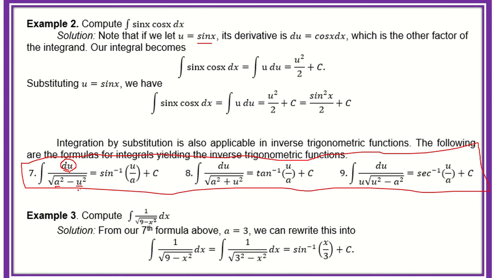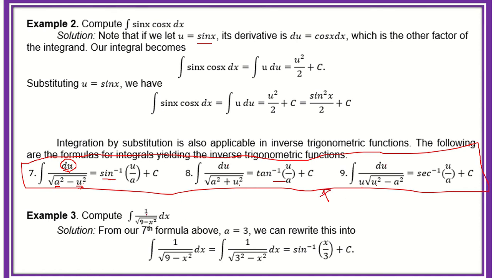Pag ang du related dito sa last, it means u over a, that is arc sine. Pag ang u related dito rin, then plus, it means that is tangent. Pag ang u related sa u at sa labas, that is equal to arc secant of u over a plus c. Ang proof nito is beyond your competency, so that's why we'll use this one.